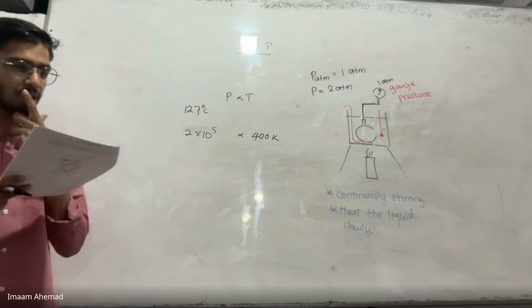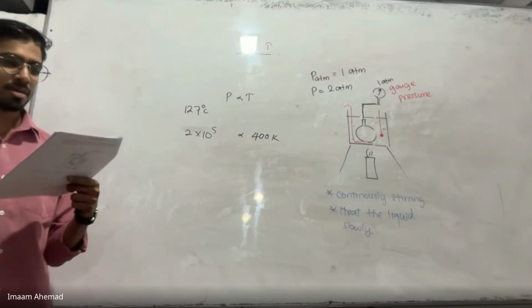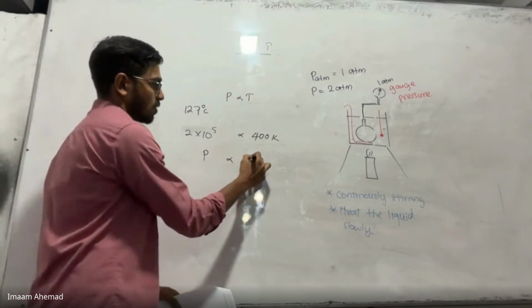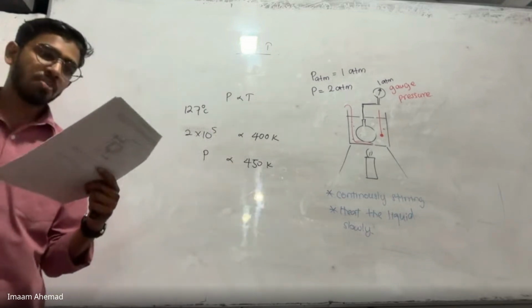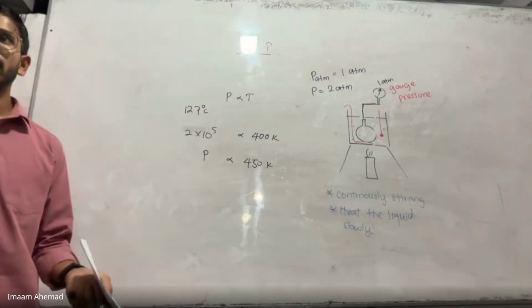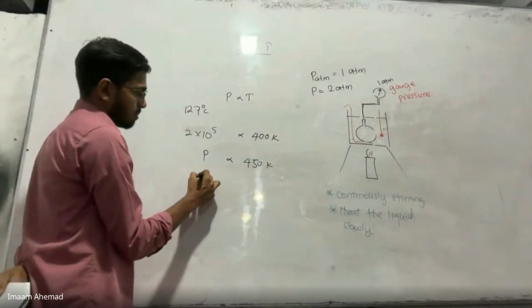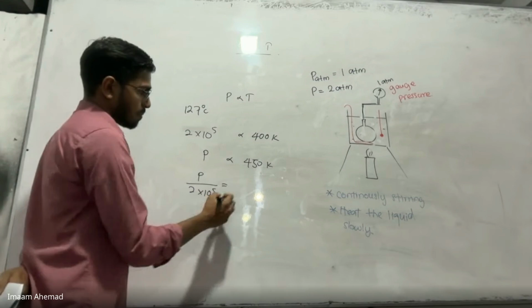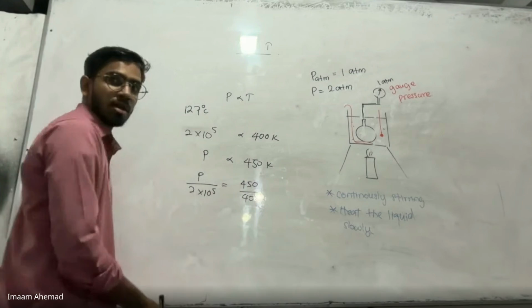When the temperature is increased to 177, 177 means 450. So P is proportional to 450 Kelvin. What will be the reading of the pressure gauge? So let's divide. P over 2 into 10 to the power 5 is equal to 450 over 400.